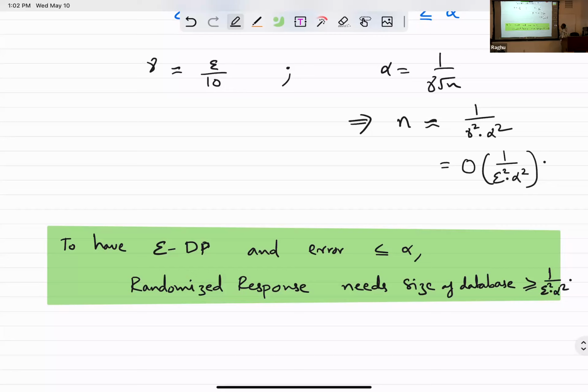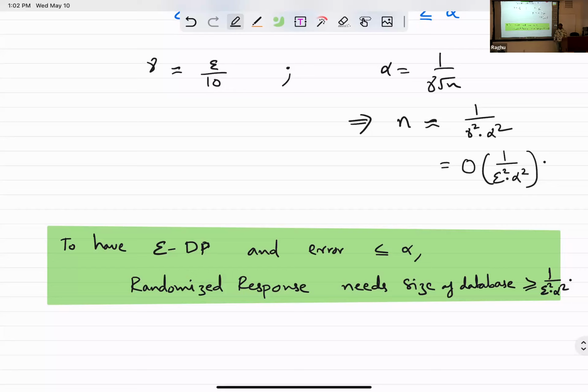Right. So there's always a tug of war. If I want privacy and accuracy, if I just want accuracy, you need your data set to be somewhat big. But along with that, if I want privacy, I need my data set to be even bigger. And so there's a privacy cost in terms of the size of the database. Okay, that's the price of privacy. If you want to privately release the mean, you need a bigger data set.